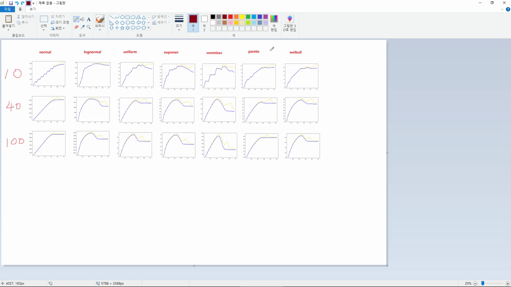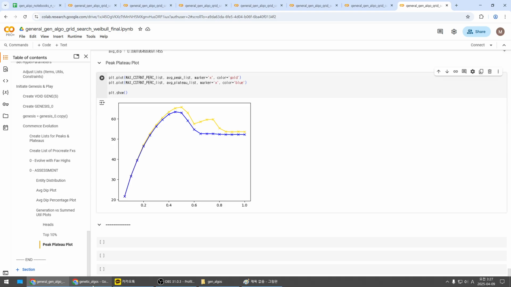And hopefully when all of that is done, I can have all the pictures, because right now I only have 21 plots, 21 peak plateau plots. Then I can have multiple. I'll probably have 64 plots. Yeah, I'll talk about that later. Yeah, I think that's about it.